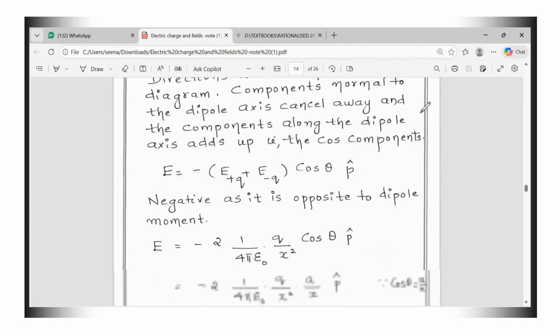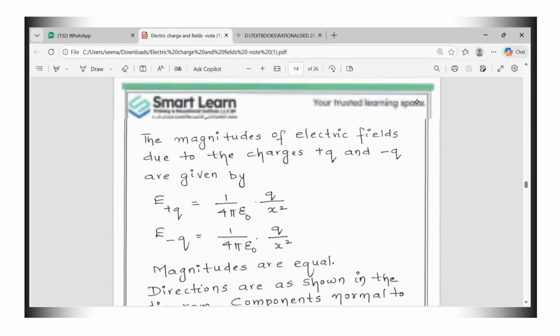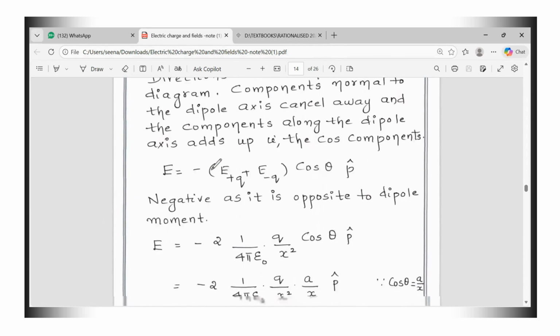So what we get is 2 times 1 by 4 pi epsilon 0 q divided by x square into cos theta. And what is cos theta? Cos theta is equal to a divided by x. This is the theta, so adjacent side divided by hypotenuse will give us cos theta, which is a by x.